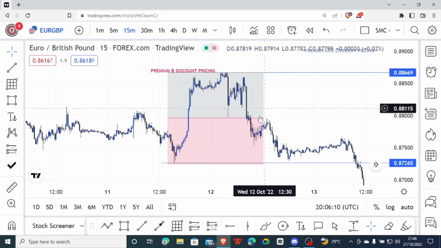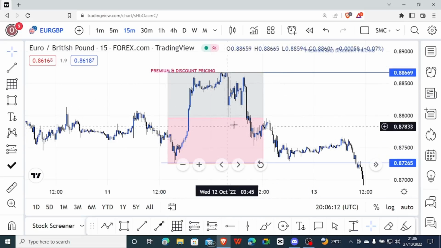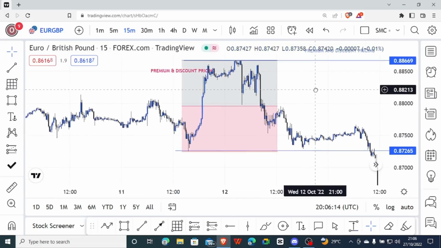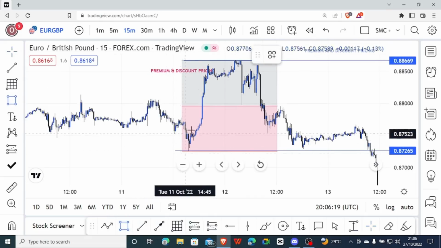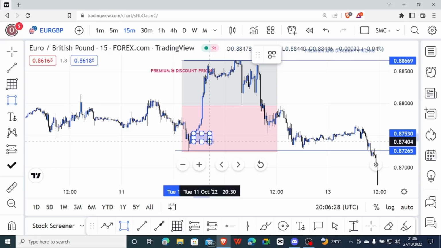All right, now as you can see, if you had marked your OB here, you would have either been at breakeven or taken a small loss. This is your OB here, guys.